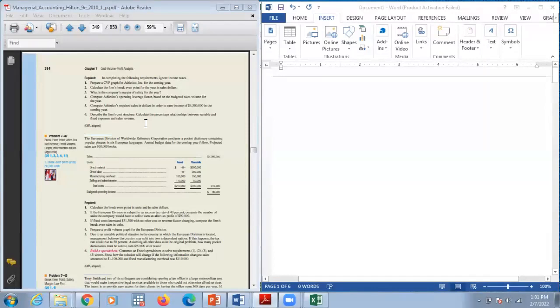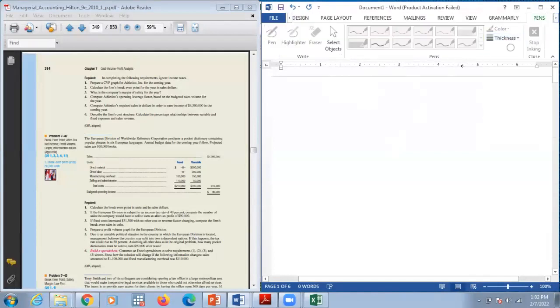So now we're going to try to understand CVP, cost volume profit analysis. This is sometimes the thing to understand of changes volume of activity on its costs, revenue, and profit.